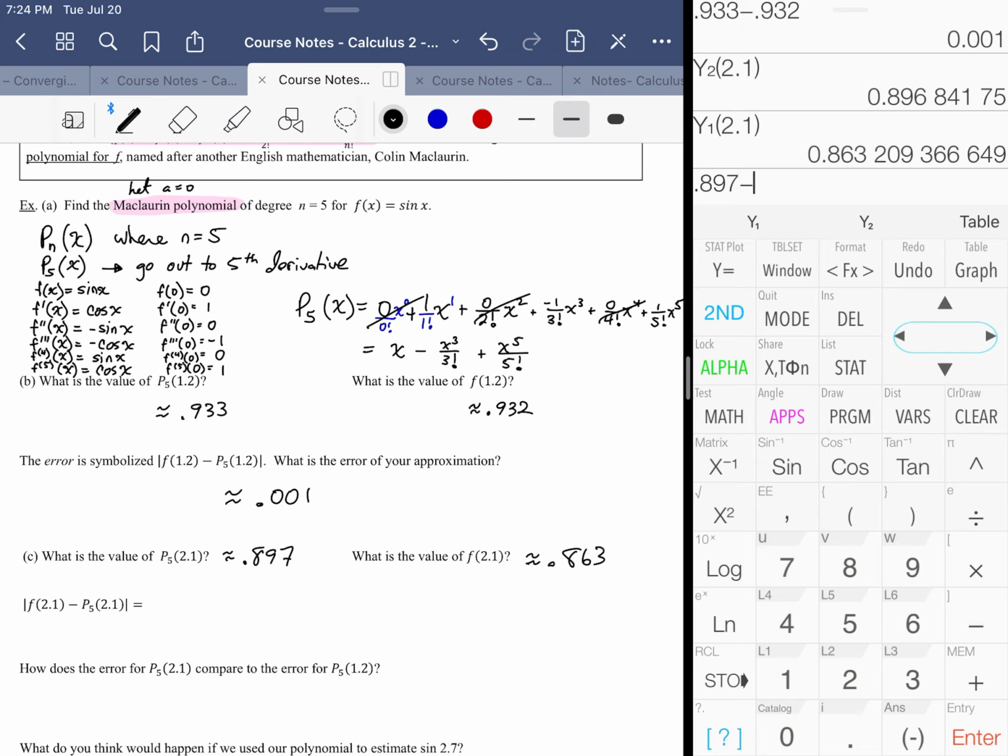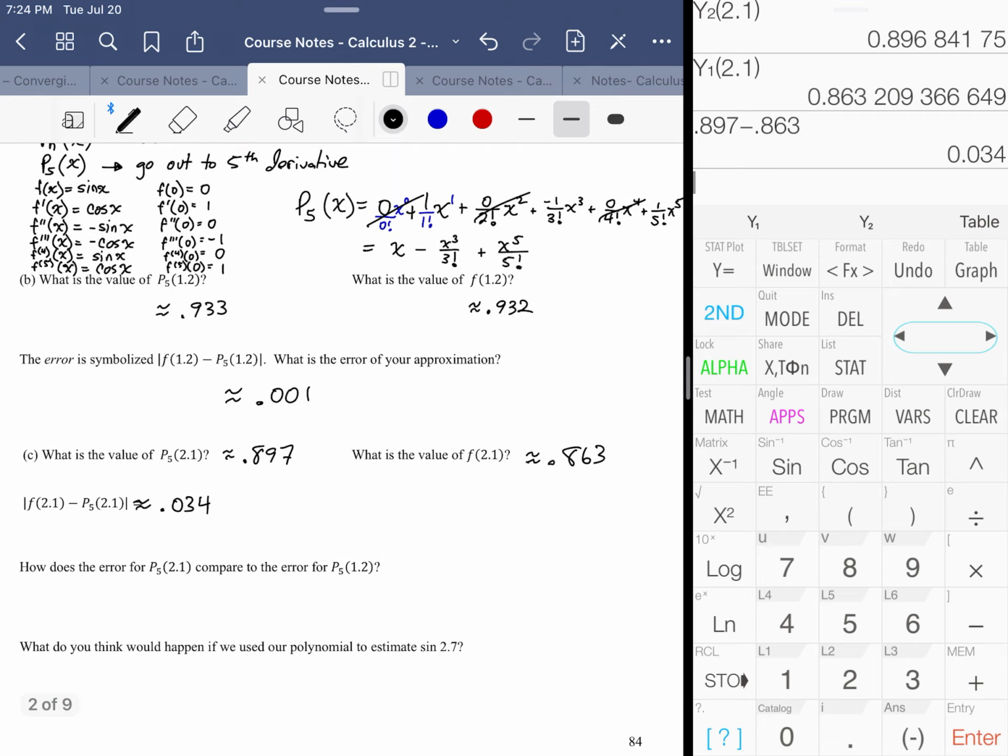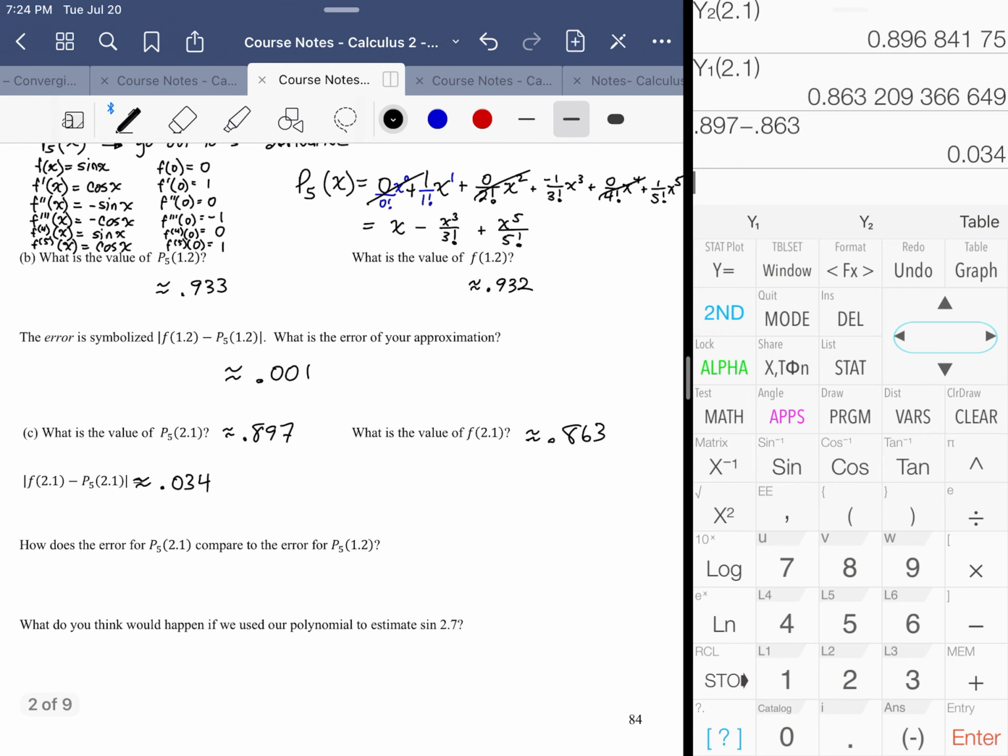All right, so 0.897 minus 0.863, roughly 0.034. All right, so how does the error compare? Well, it's a larger value. All right, it shows more of a deviation, the larger value.